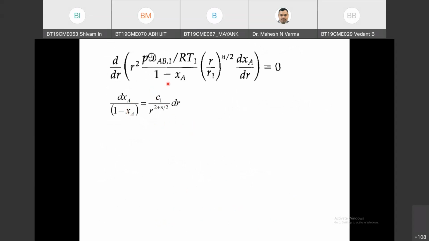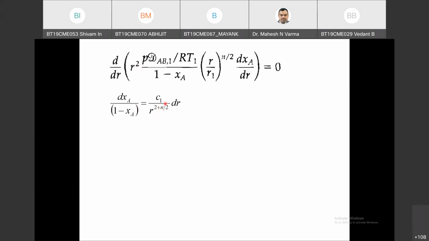So dXA by (1 minus XA) will be equal to C1 divided by R raised to 2 plus N by 2, dr. So this will be N by 2 divided by this R square. This is what you will get, C1. Integrating this equation, you will get dXA by (1 minus XA) equals C1 R raised to 2 plus N by 2.